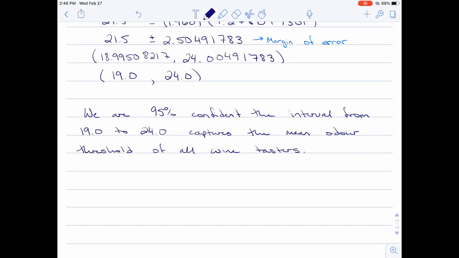In our default interpretation, we said captures the population mean. Here we've got the mean, here we've got all wine tasters, so we are talking about the population mean. Any questions about that?